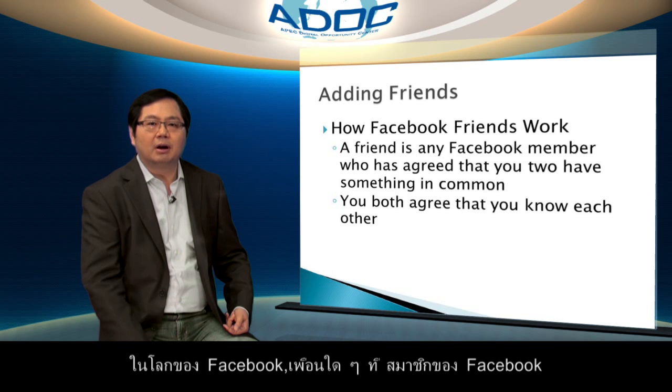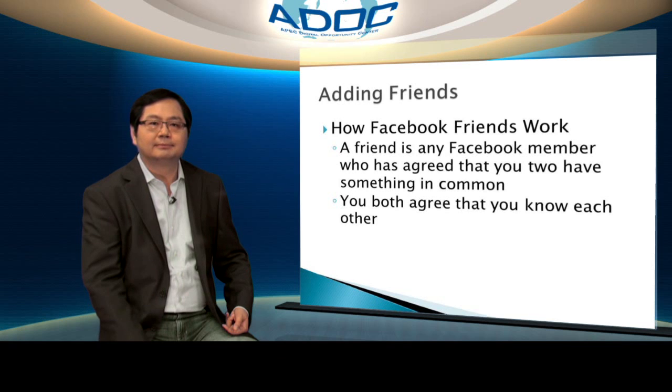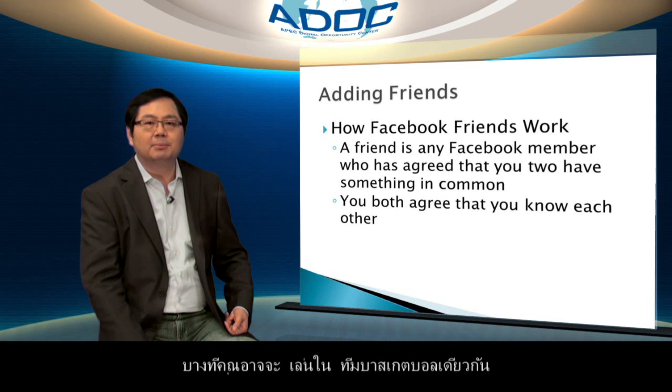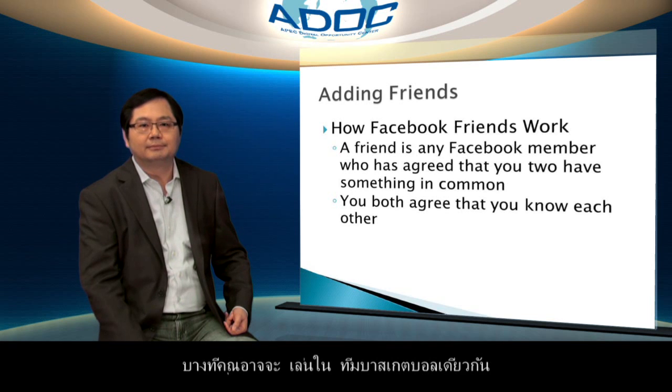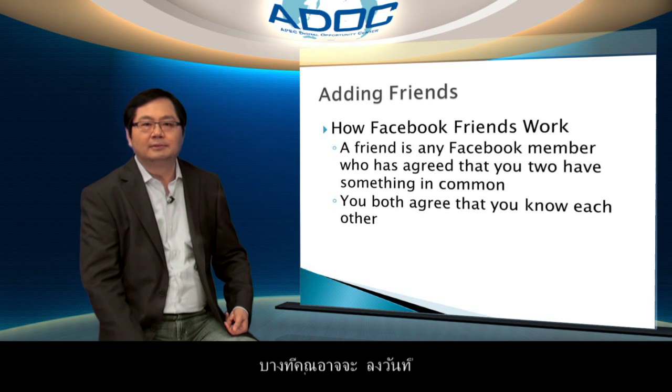In the world of Facebook, a friend is any Facebook member who has agreed that you two have something in common. Maybe you play on the same basketball team. Maybe you dated.